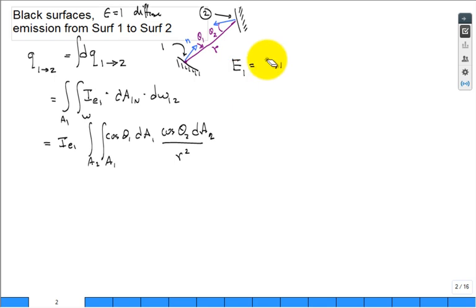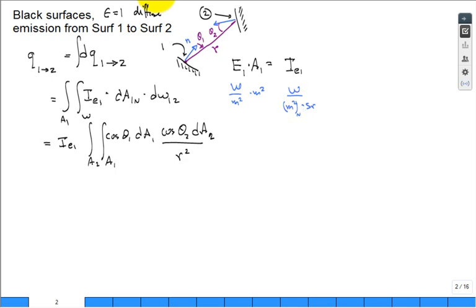Let me write it like this. If I take this and multiply by A1, let me look at the units on this. Watts per meter squared times meter squared, that gives me the total power out. All right. I want to relate that to the intensity of the emission, but the intensity of the emission was, what units were they? Watts per meter squared, and I'm going to put normal times steradian, true?